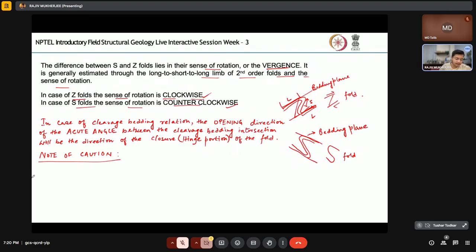And that being the sense of fold rotation displacement will change if a fold is viewed from the opposite side, from the opposite direction.